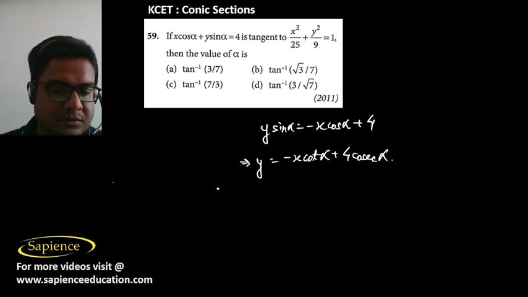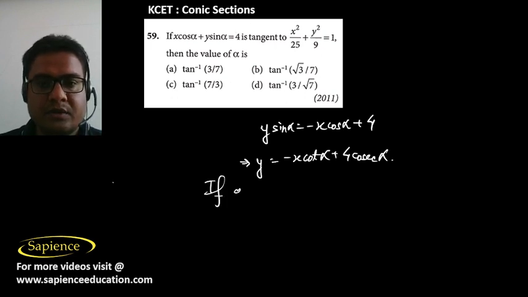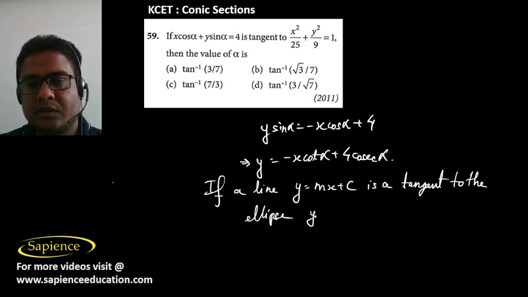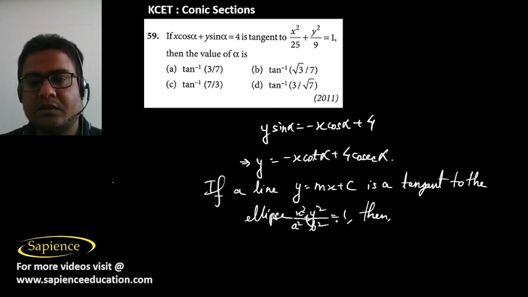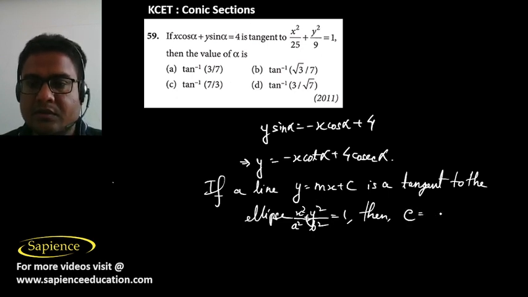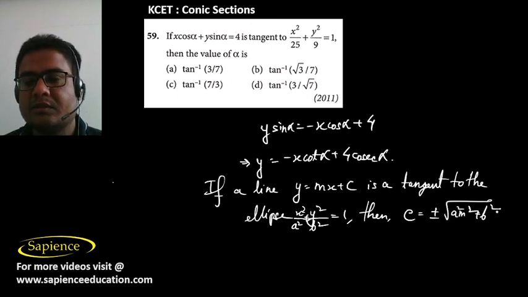And the rule is that if the line y equals mx plus c is a tangent to the ellipse x square by a square plus y square by b square equal to 1, then c is given as plus or minus square root of a square m square plus b square.